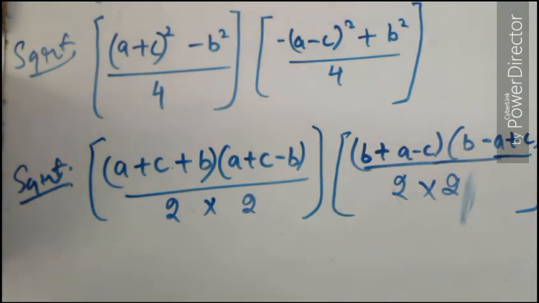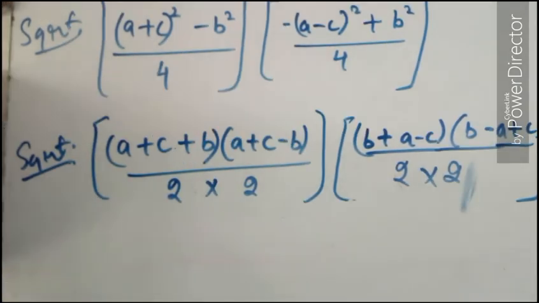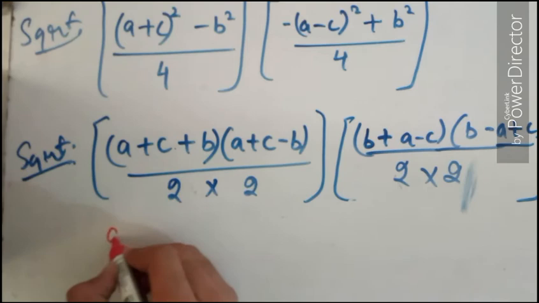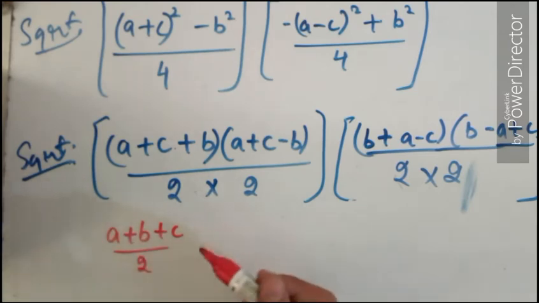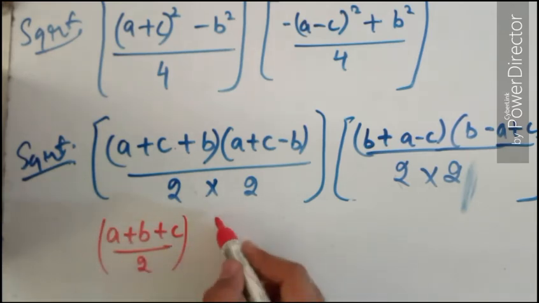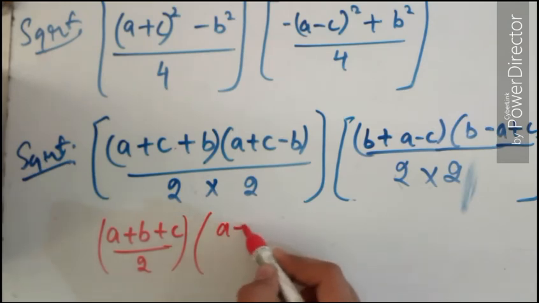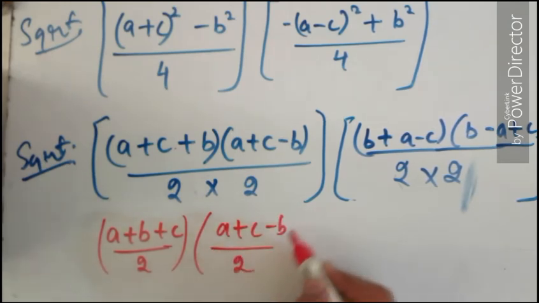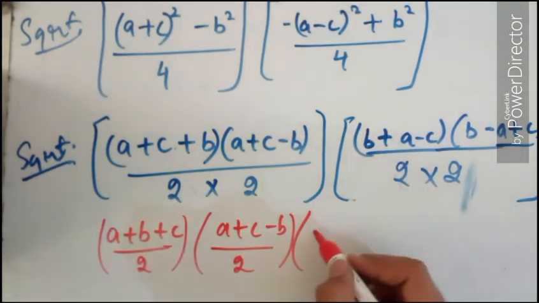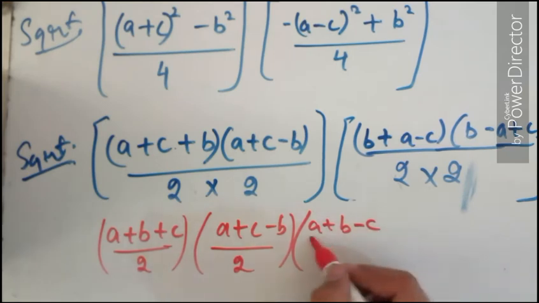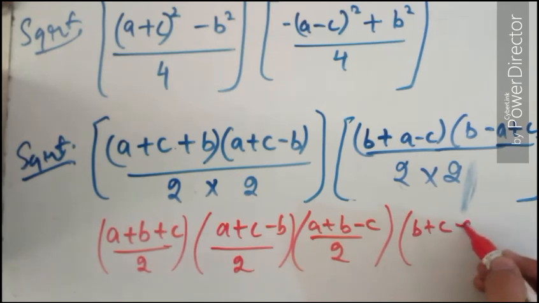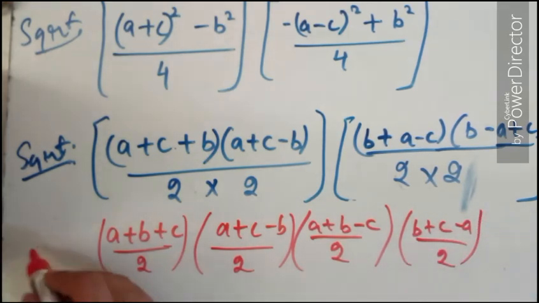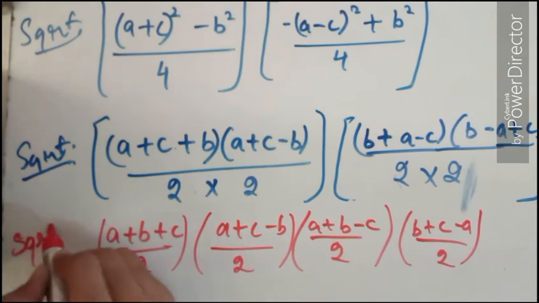So if we take this 2 under the denominator of all of this, since it is multiplication, we can write this by rearranging as (a plus b plus c) upon 2, multiplied with (a plus c minus b) upon 2, and this with (a plus b minus c) upon 2, and this (b plus c minus a) upon 2, this whole under square root.